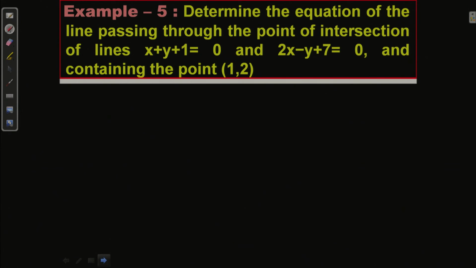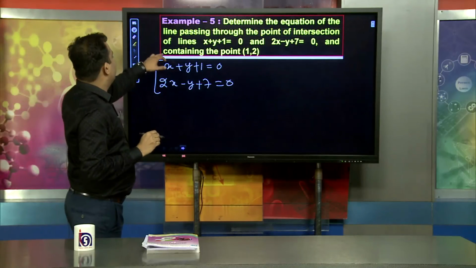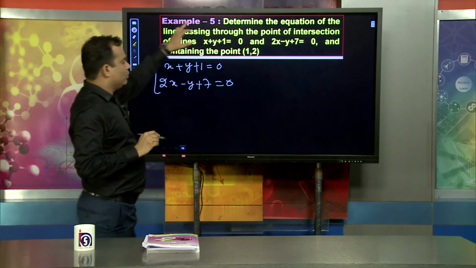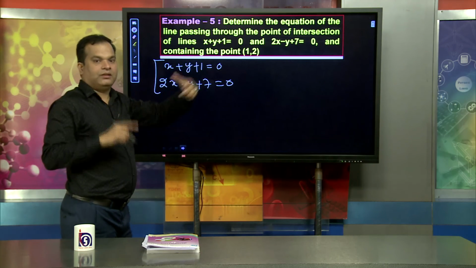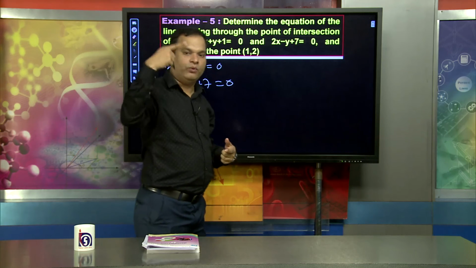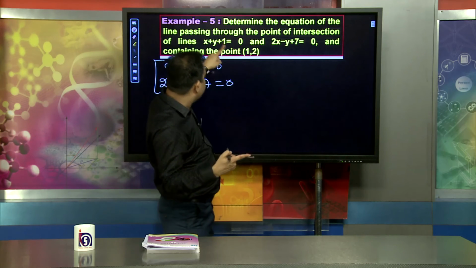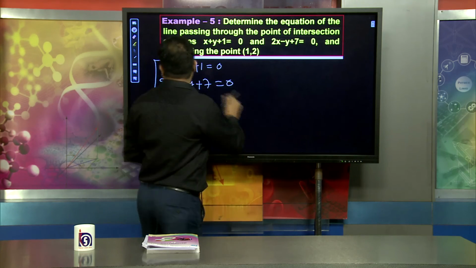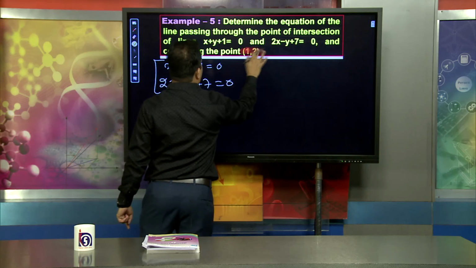The first equation is x plus y plus 1 equal to 0. The second equation is 2x minus y plus 7 equal to 0, and containing the point (1, 2). That means the line whose equation we are going to find is passing through the point (1, 2).